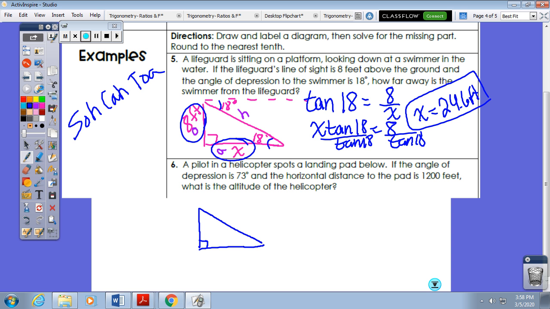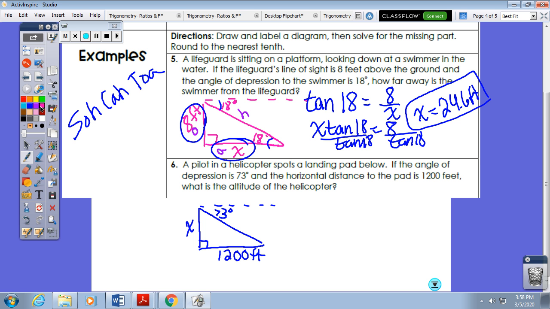If the angle of depression is 73 degrees, and the horizontal distance to the pad is 1,200 feet, what is the altitude? Remember, altitude is the height straight down.